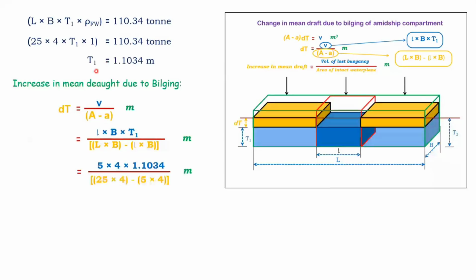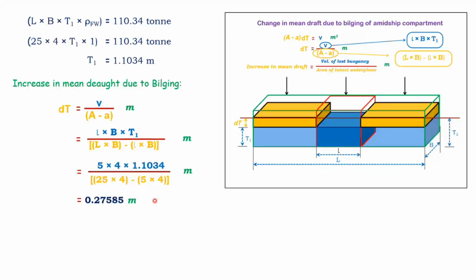Please understand, I am now substituting this new draft, not the original draft, because the teak has gone. This is the draft the ship is floating at. So 1.1034 divided by 25 into 4 is the total water plane area, minus 5 into 4, the water plane area of the central compartment.